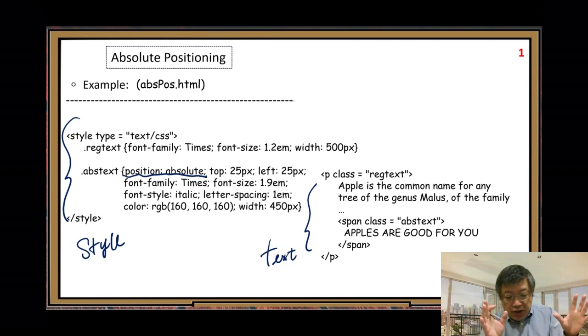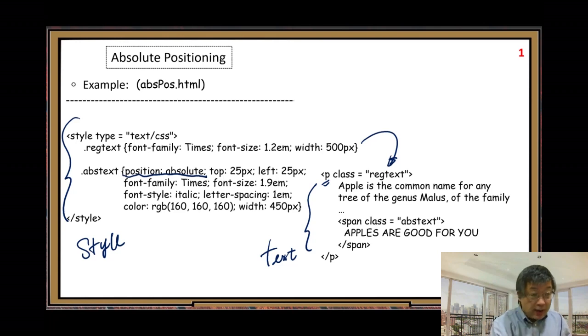In the text part, you can see outside you have this P element that uses the class reg text. Then we print out a block of text. Then inside the content, we put another element inside it.